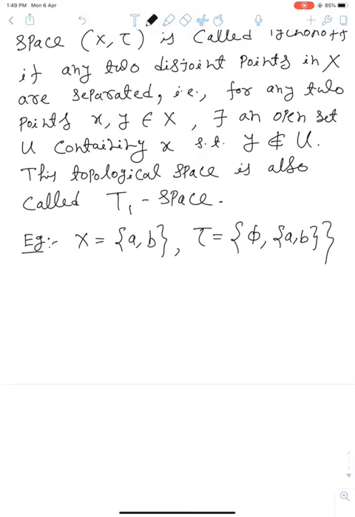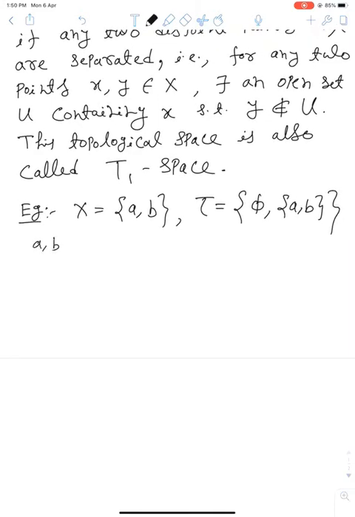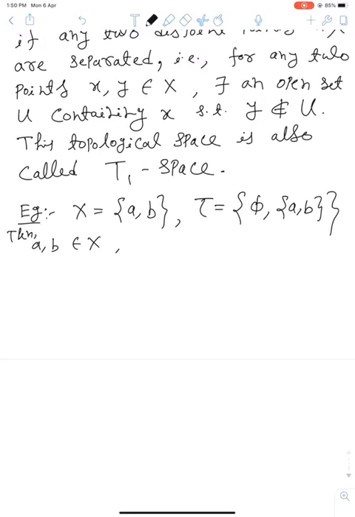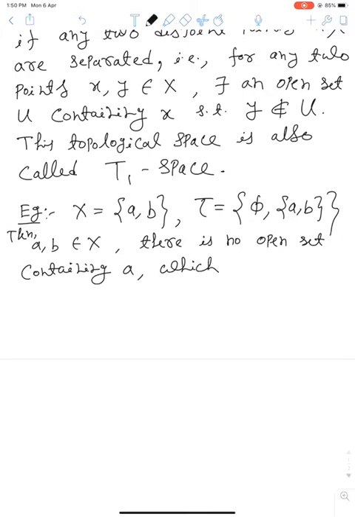Now you can see that if we choose the points a, b belonging to X, then there is no open set containing a which does not contain b, because the only open set containing a is AB, the whole set, and it will also contain b.